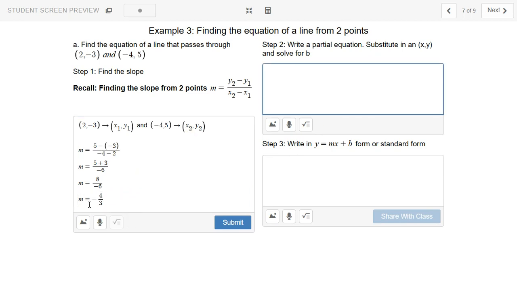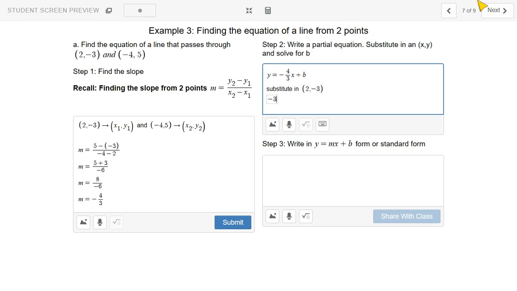Okay, we have our slope. We're going to do the same thing that we did previously. We're going to write a partial equation and substitute an x and y into the equation to solve for b. Right, we have y is equal to negative 4 over 3 x plus b. Let's substitute in 2 and negative 3.